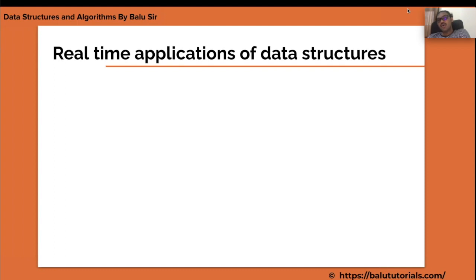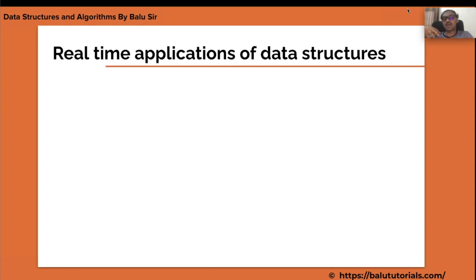Imagine when they are going to run a call center organization, they are going to follow data structures only. How are they going to follow them? Say I called at 7 o'clock and you called at 7:10. Who is going to be served first?